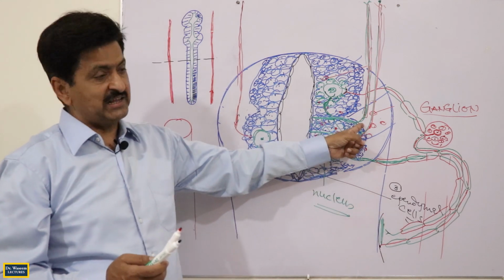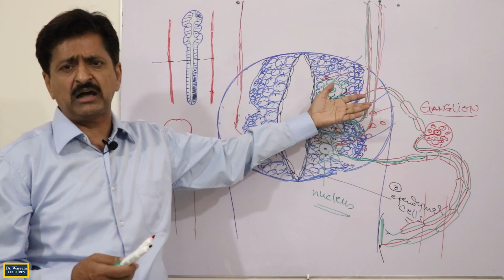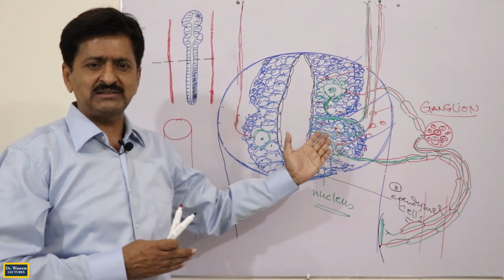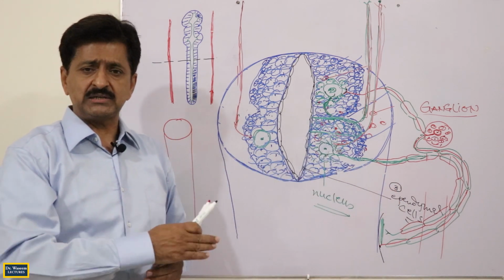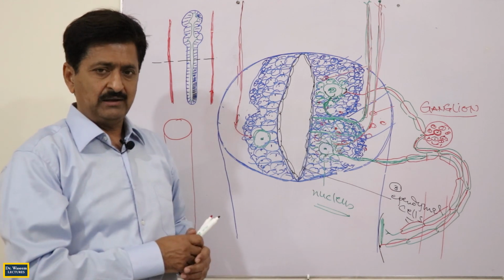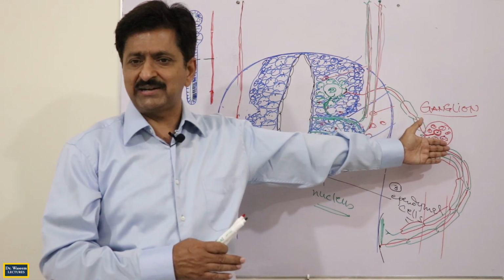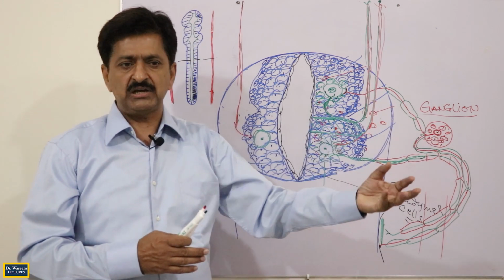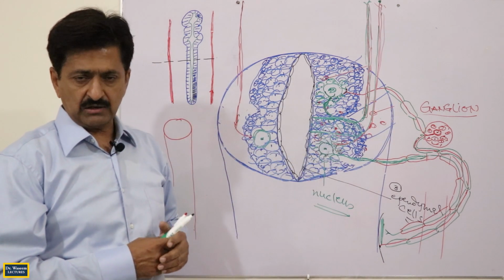But a similar thing which is running inside the central nervous system, either going up or coming down, again myelinated or maybe some unmyelinated also, you call them tracts. So, the tracts and nerves are the bundles of fibers, located outside or inside. And there are the ganglion and the nucleus. A discrete collection of nerve cell bodies lying outside, you see these neurons here, is called a ganglion.